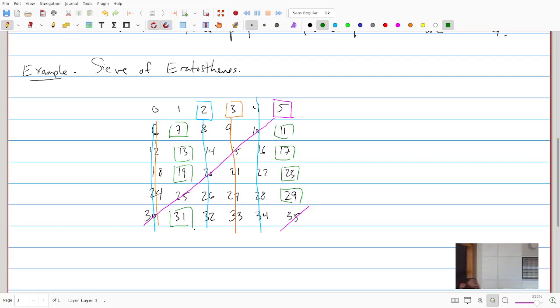It's a fun exercise to write a computer program to do this. You can make a big array of booleans and set them all to true to start, meaning it might be prime.